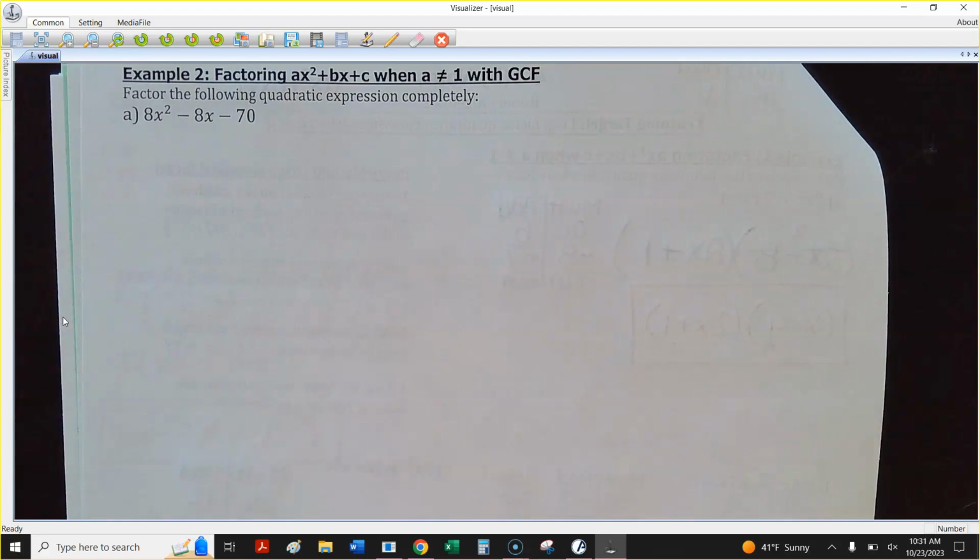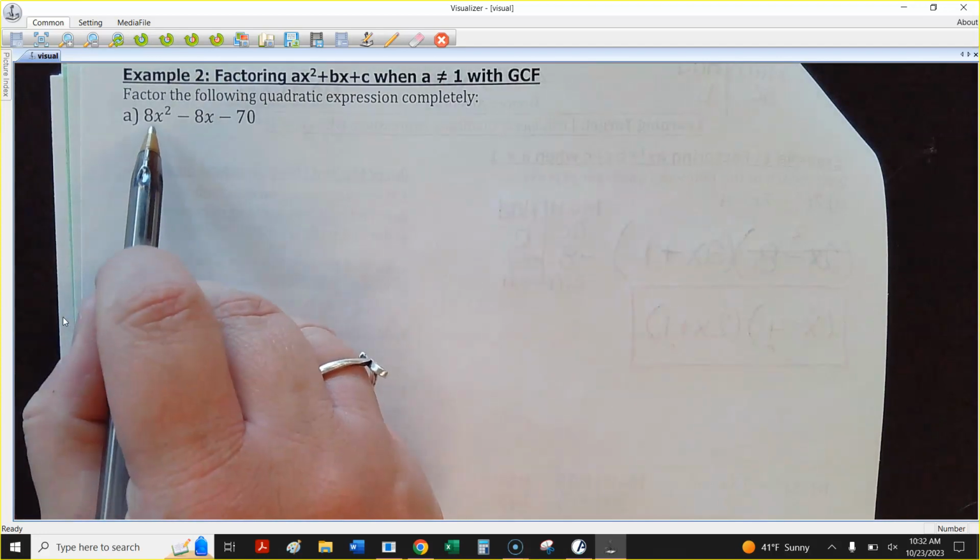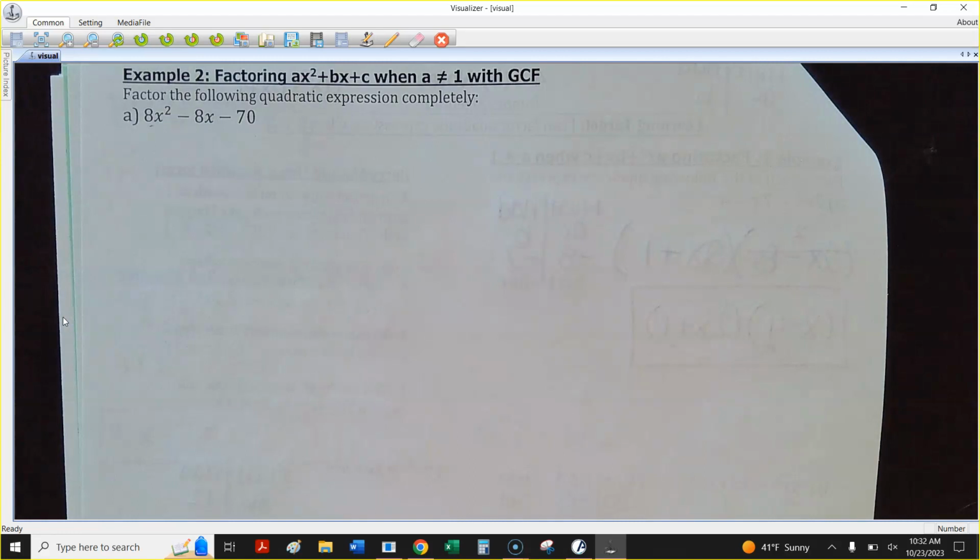You got to take that out first. So we haven't had any questions like that on the front side, but on the back we do. So before I start this problem, I should always check this. Do 8, 8, and 70 have anything in common? Like a number they're all divisible by, we think.